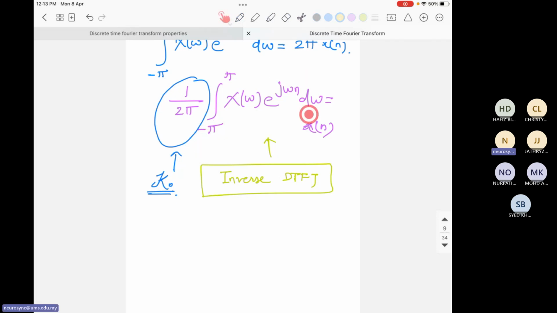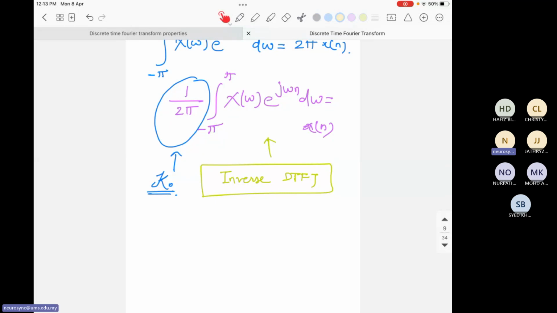So the inverse discrete time Fourier transform is equal to 1 by 2 pi times the integration over the interval minus pi to pi of X of omega into e to the power j omega n into d omega.